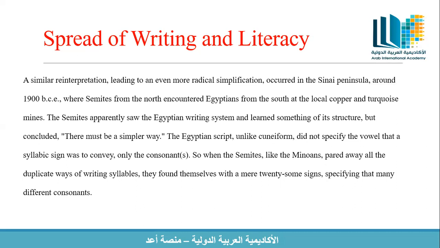The Egyptian script, unlike cuneiform, did not specify the vowel that the syllabic sign was to convey, only the consonant. So when the Semites, like the Minoans, pared away all the duplicate ways of writing syllables, they found themselves with a mere 20-some signs, specifying that many different consonants.